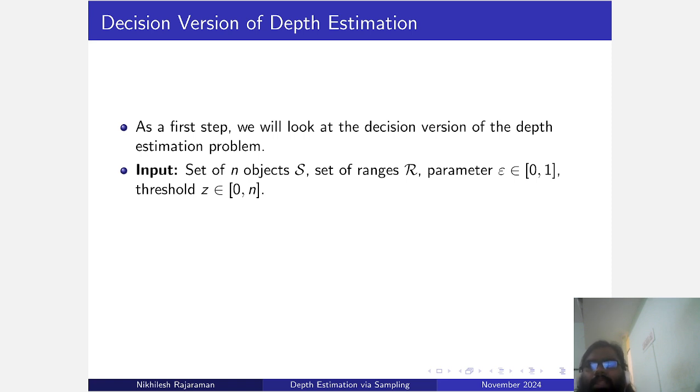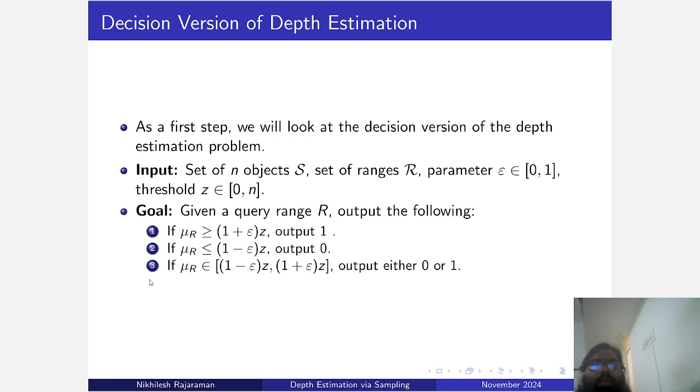In the actual depth estimation problem, we wanted to actually find the approximate depth. But in this decision problem, this is an easier problem. We just want to answer if the depth is greater than this threshold Z or less than this threshold Z. But we'll allow for this to be a little bit noisy. If the true depth is close to this threshold, it's okay if we make mistakes.